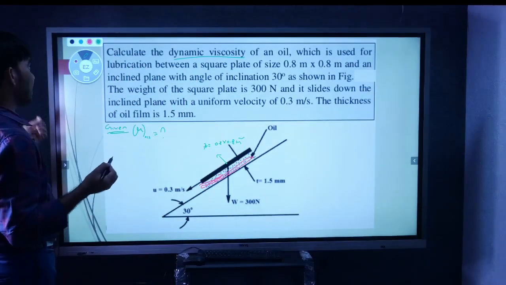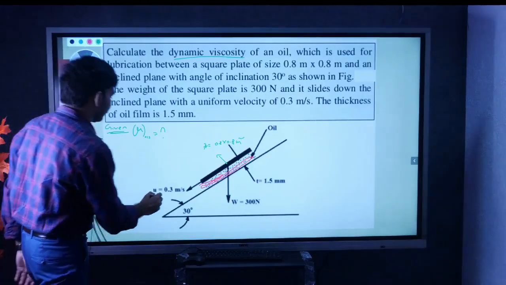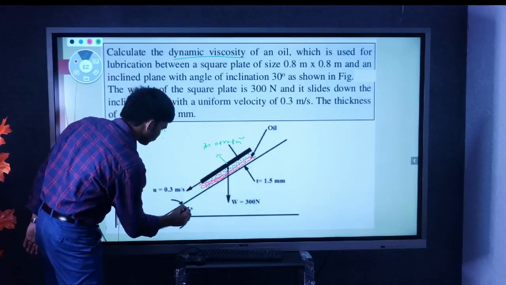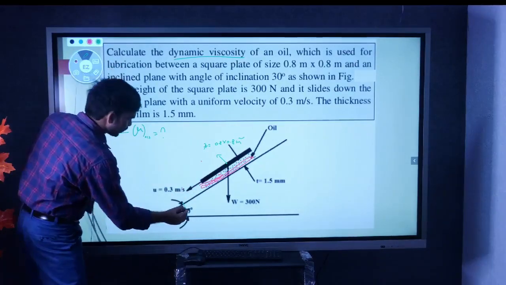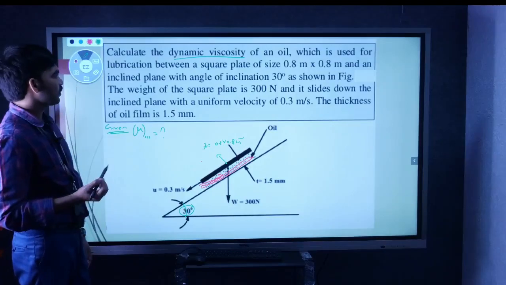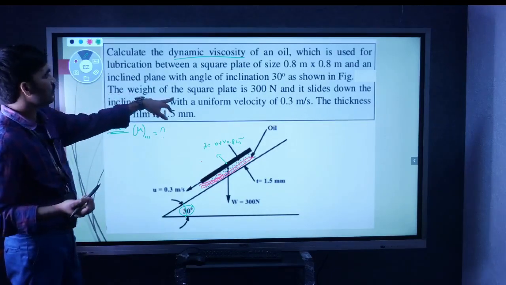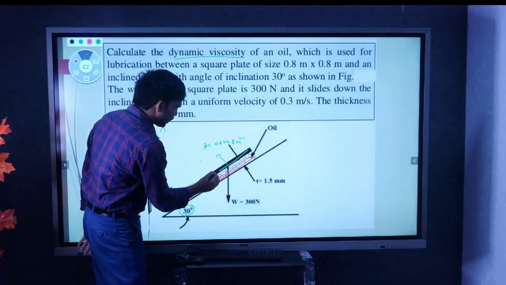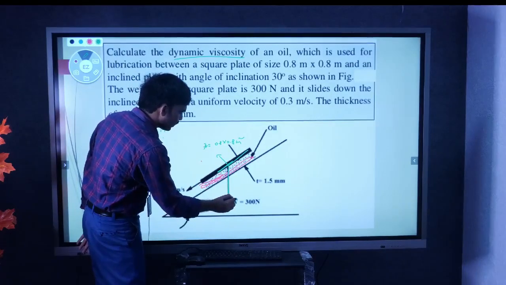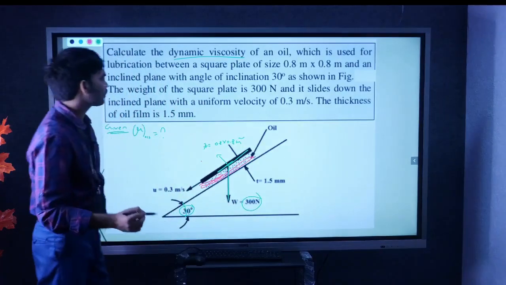And an inclined plane with the angle of inclination 30 degrees. So the plate is on an inclined plane with the angle of inclination 30 degrees. The weight of the square plate is 300 newtons.